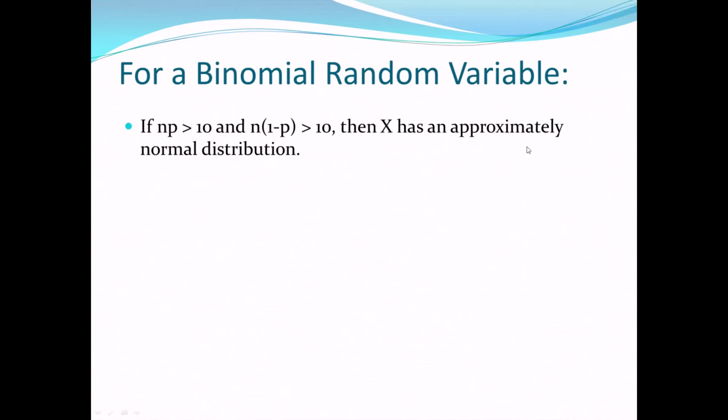Okay, here we go. So for a binomial random variable, if n times p, which just so happens to be the product that we use to calculate the mean, is greater than 10, and if n times 1 minus p is greater than 10, then x has an approximately normal distribution.